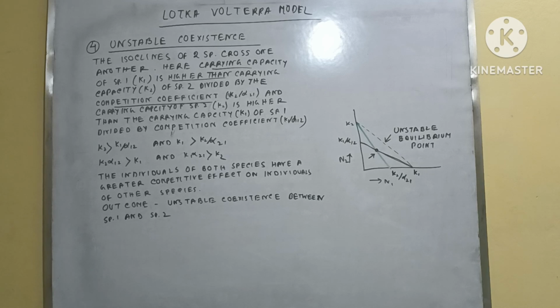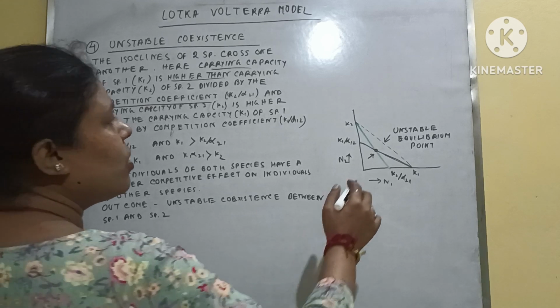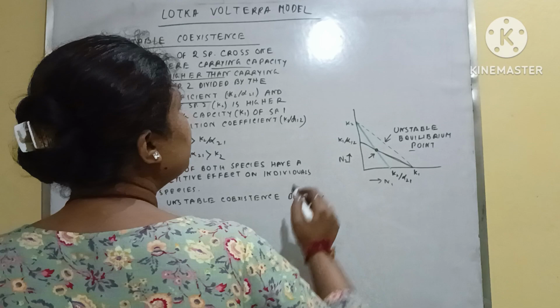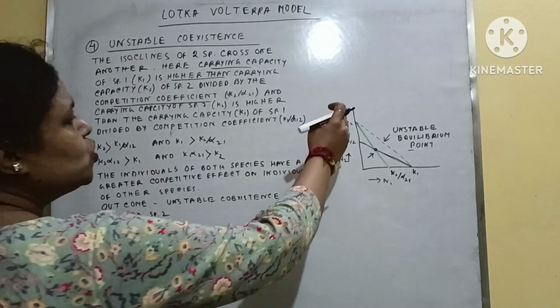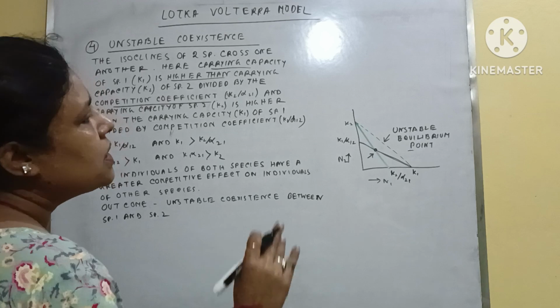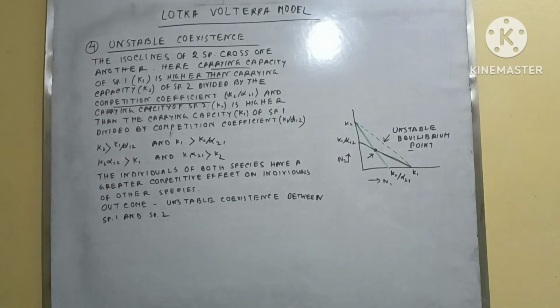Okay. So in this unstable coexistence, there is a point where the two isoclines cross each other, and this point is called the unstable equilibrium point.